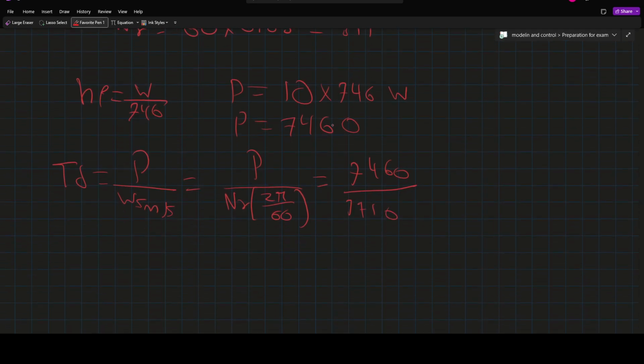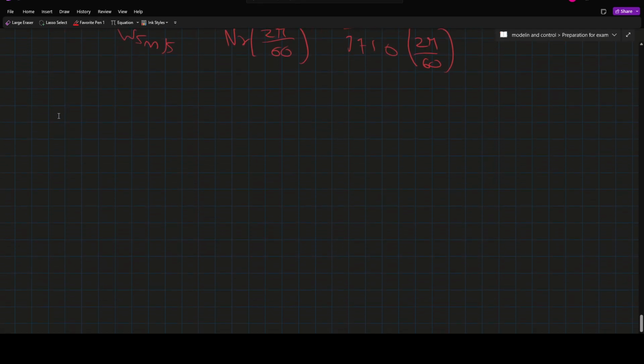Now we multiply times 2 pi over 60 because we need this in radians per second, and right now this is in RPM, and this is going to give us a developed torque of 41.66 newton meters.